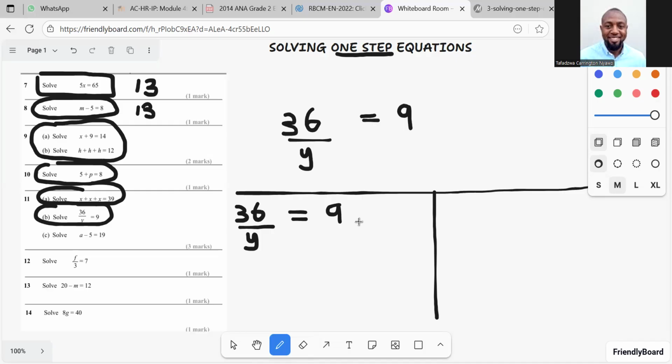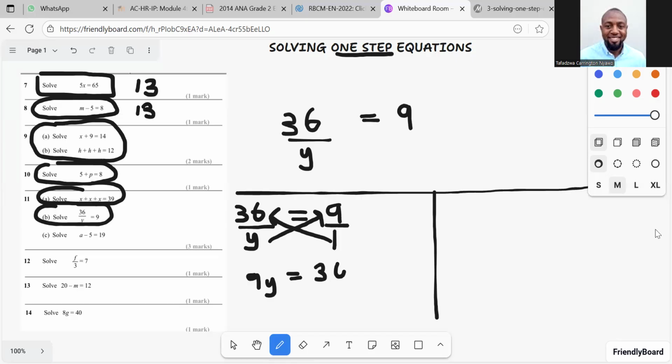So this one, I'm going to use cross multiplication. 9 as a fraction is 9 over 1. Cross multiplication is drawing arrows. So y is going to multiply 9, and this 1 is going to multiply 36. So y times 9 is 9y is equal to 1 times 36, which is 36.